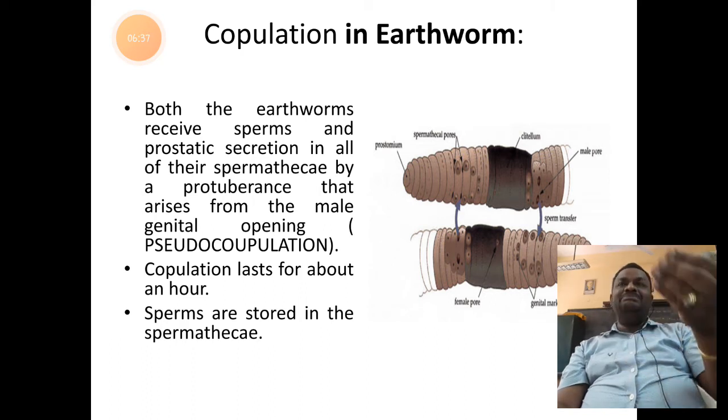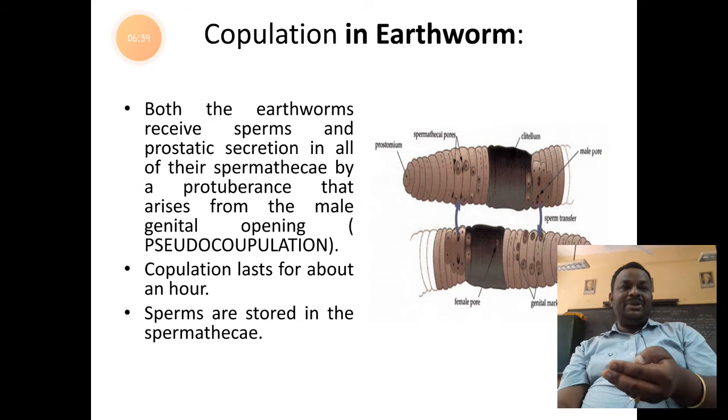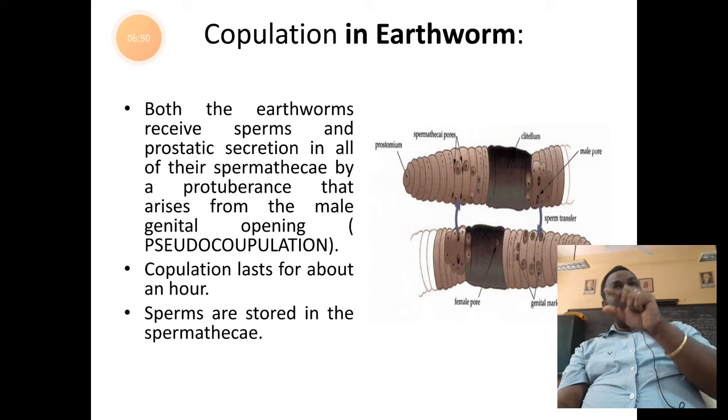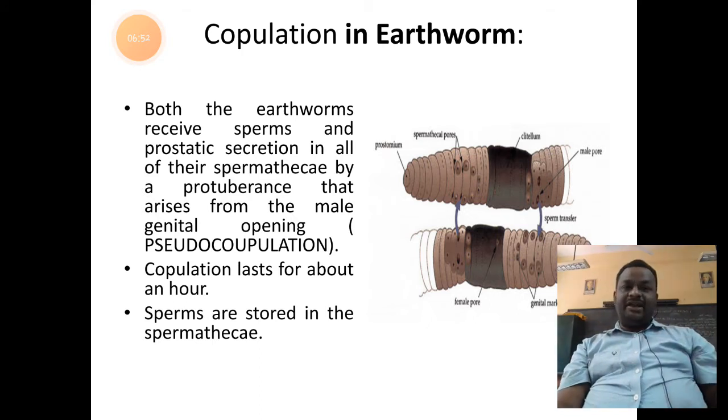Thereby the sperms are released by one of the organisms into the spermathecal apertures of the other organism. The same phenomenon occurs on the other side with the other organism in a vice versa manner.